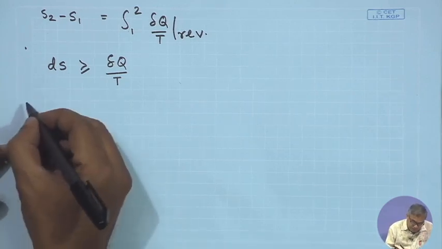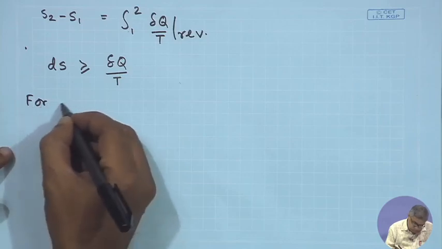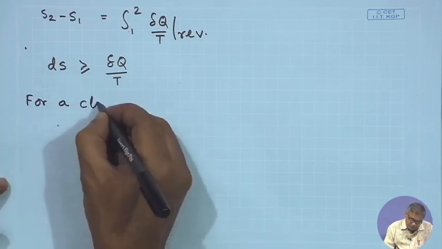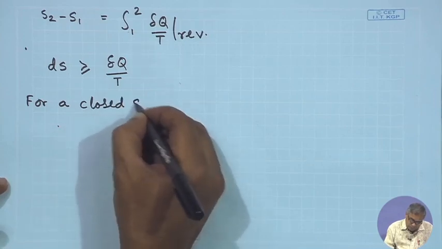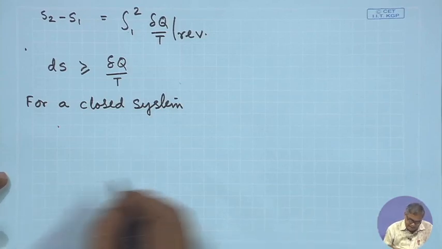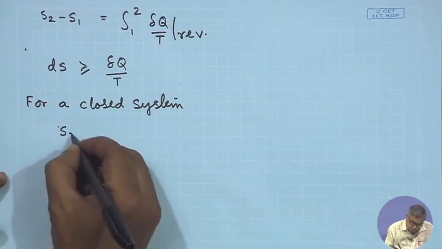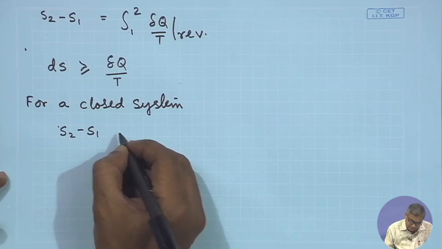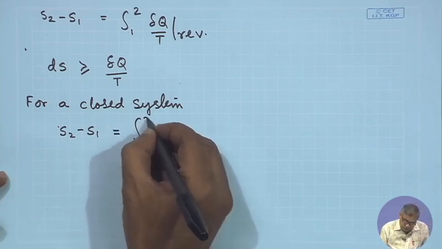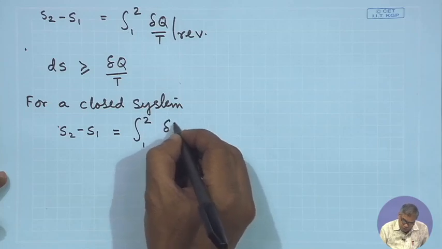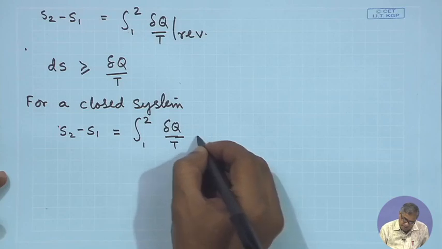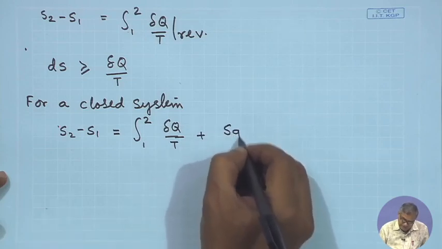For a closed system, we can write S2 minus S1 equal to integration 1 to 2 dq by T plus S generated.